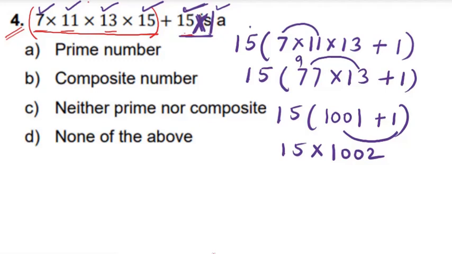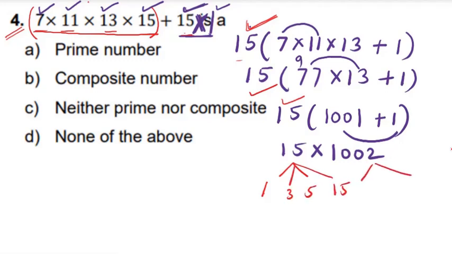So we can easily say, even if you had not multiplied all these numbers, that because 15 is a composite number outside this bracket, the entire number will be a composite number. This number 15 is divisible by 1, 15, 3 and 5.